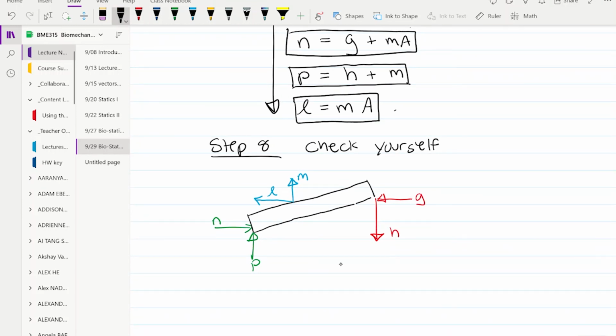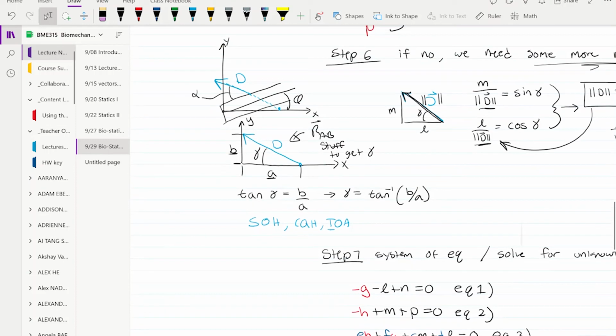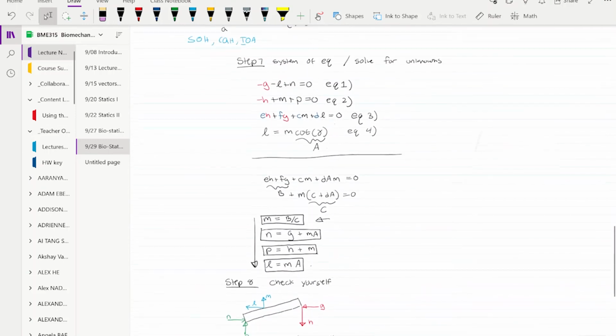So you got to ask, do the directions of NP make sense? If they don't, there's something going on where you missed a sign somewhere. All right, so that should be it.